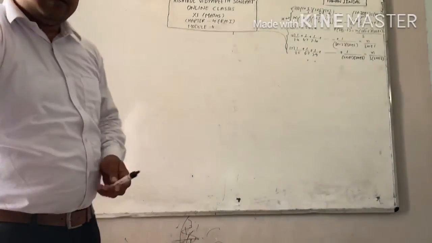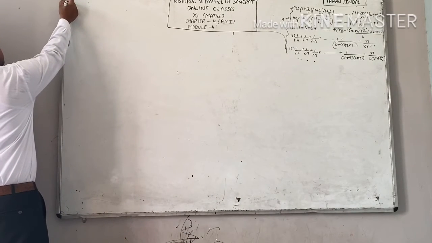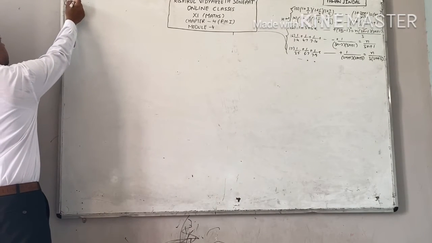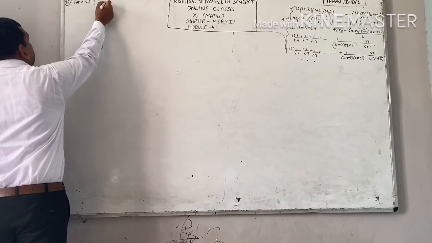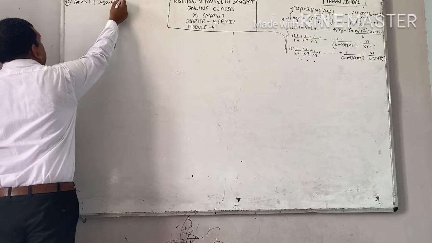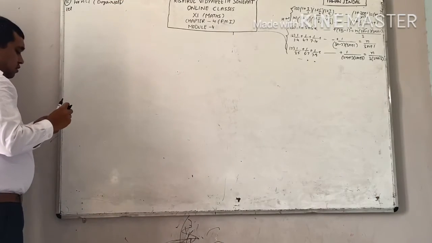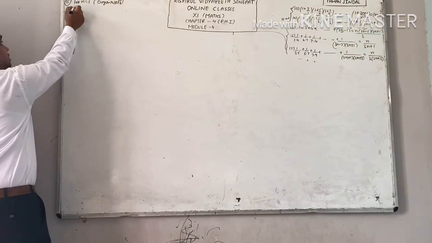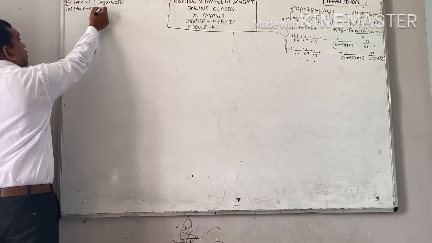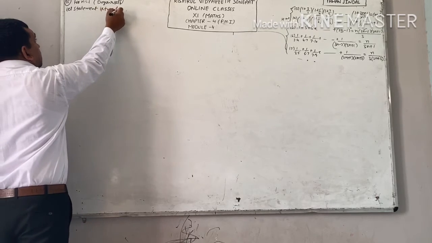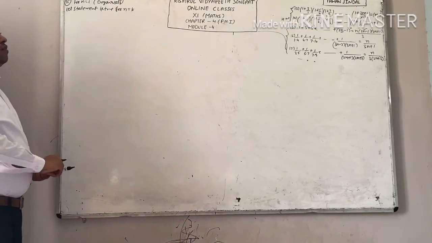Now let the statement be true for n equal to k. Put n equal to k on both sides.